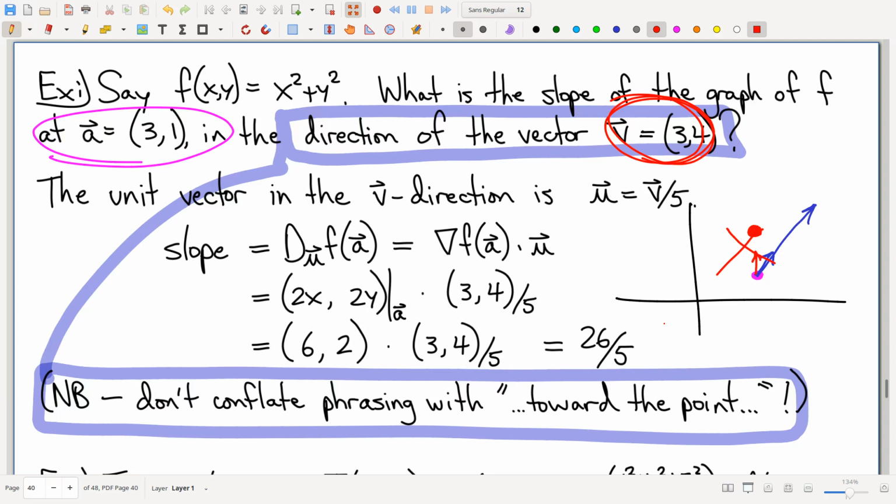Right? So heads up with the language. Again, the direction of the vector v is not the same as toward the point whose position vector is v. Totally different. Make sure to interpret carefully and correctly.